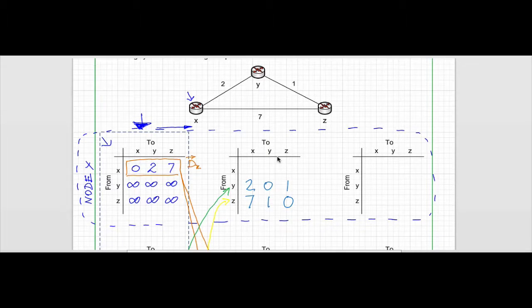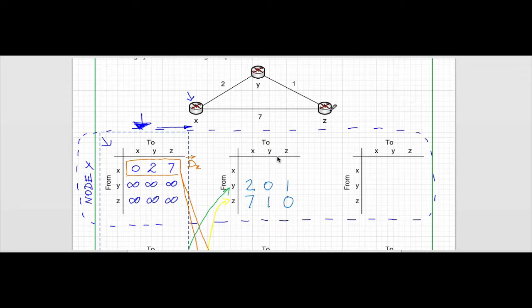Okay, so we have received all the vectors from the other two nodes here. So let's look at our network here with X. X knew that it could reach Y at a cost of 2 and Z at a cost of 7. But now it has received a message that says that Z can reach Y at a cost of 1 and can reach X at a cost of 7.